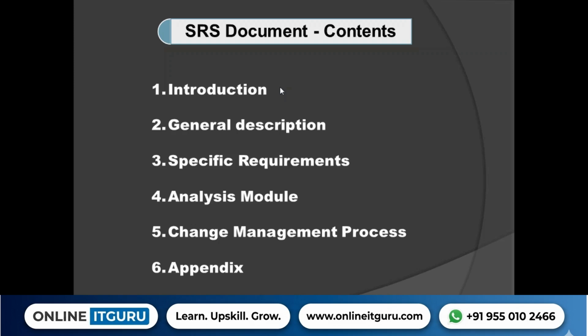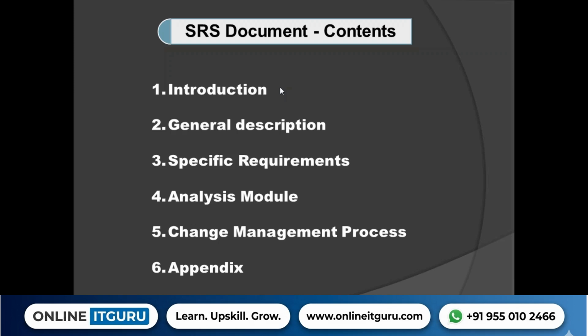And out of scope is that we are not going to implement an online system or mobile app. Or in case you are developing the application only in English, we will say that this project is developed only in English language. Out of scope is that this project is not going to support multiple languages.